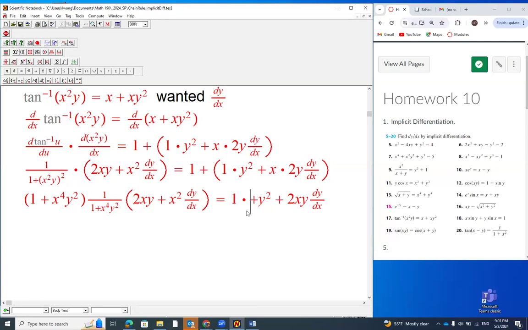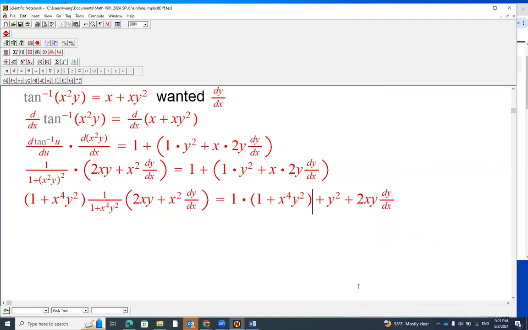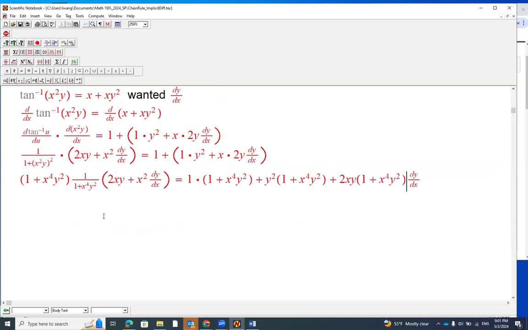I'm going to copy and paste, multiply that. And I'm going to make this larger. Multiply that and multiply that. This is a little bit too long, so let me make it smaller font.